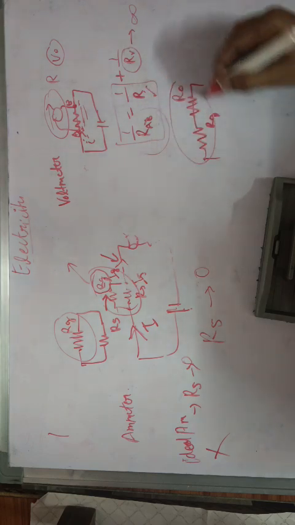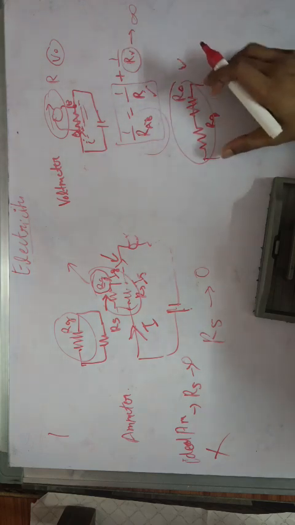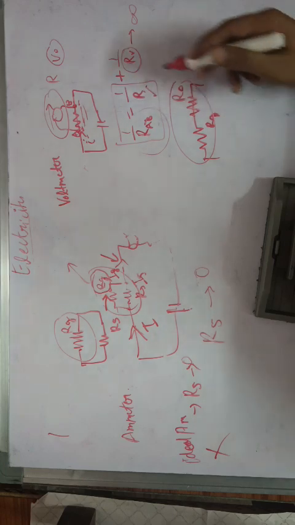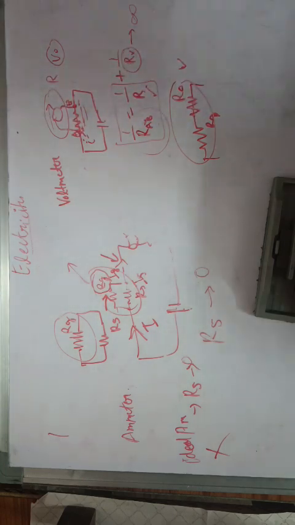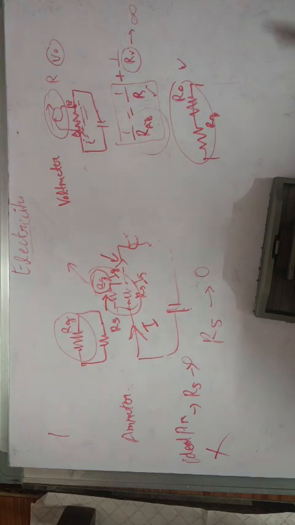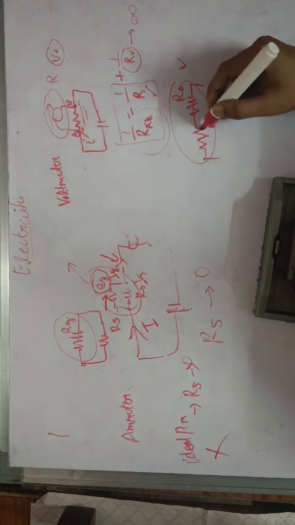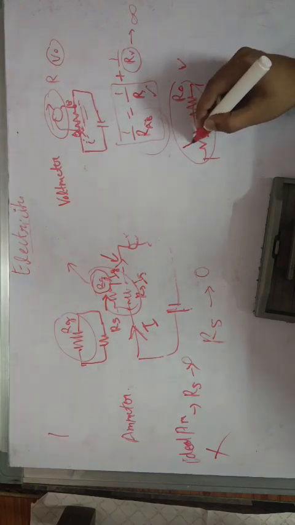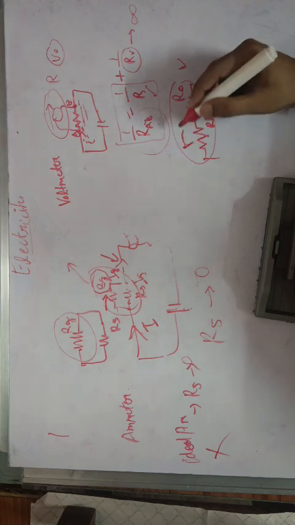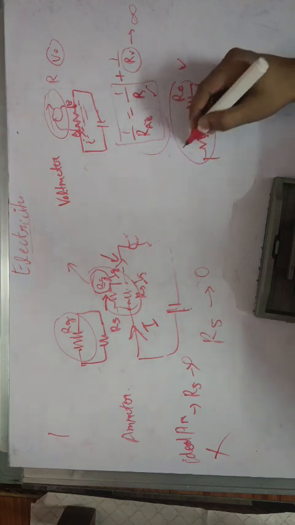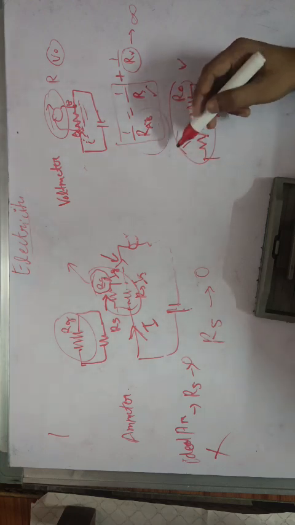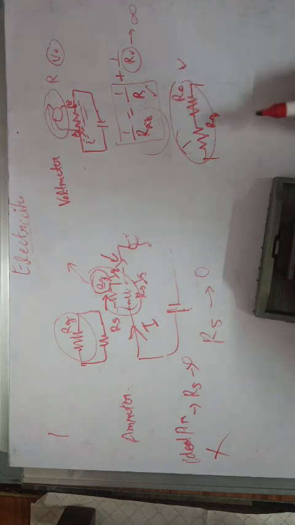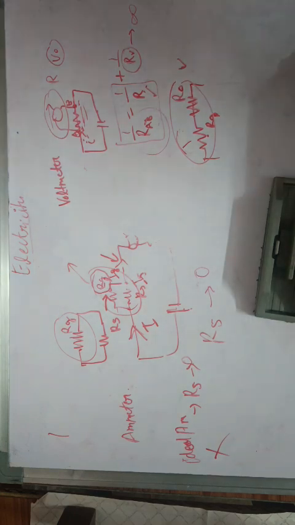And this is the voltmeter, and this is added in parallel to the resistor to calculate the potential difference across it. And this RG resistor has some coil which has a needle and a reading scale which tells the potential values.